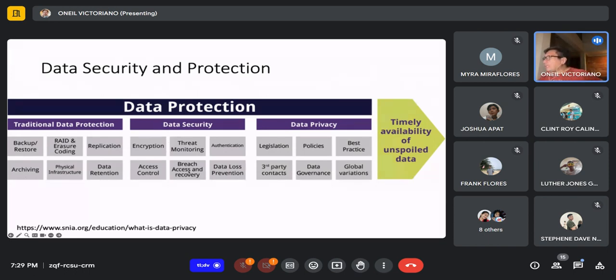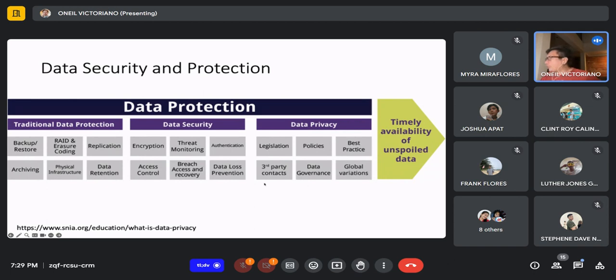Also, for data security, they would be looking into encryption, authentication, threat monitoring, access control, breach access and recovery, data loss prevention, and for privacy, looking into legislation, policy, and best practices from different organizations.